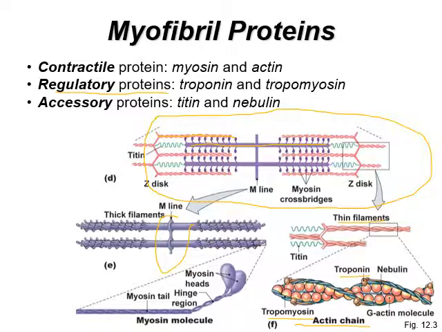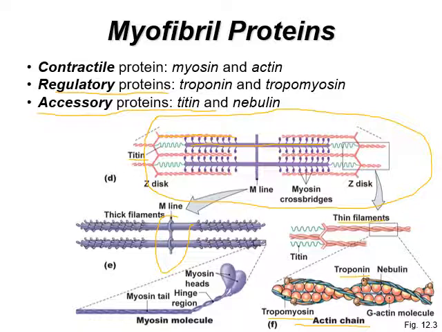Then some accessory proteins. These help keep the structure of these thick and thin filaments. You'll see titin is here. This is this green elastic protein. This gives the elastic property of the muscle, and also anchors this thick filament.